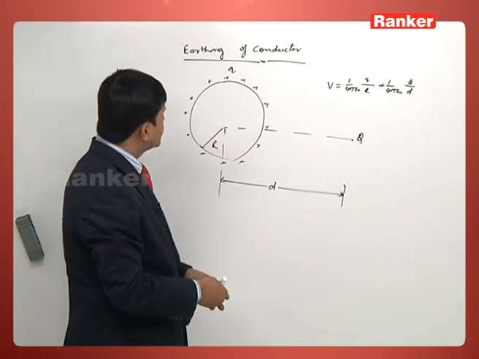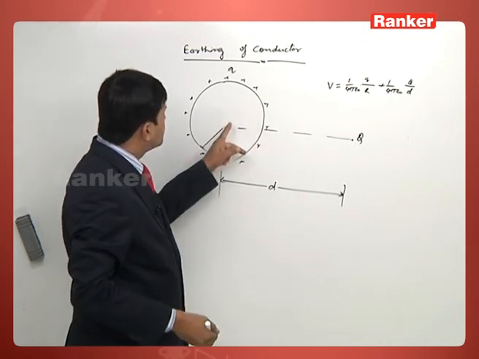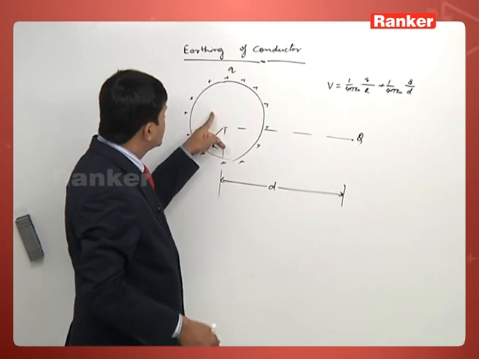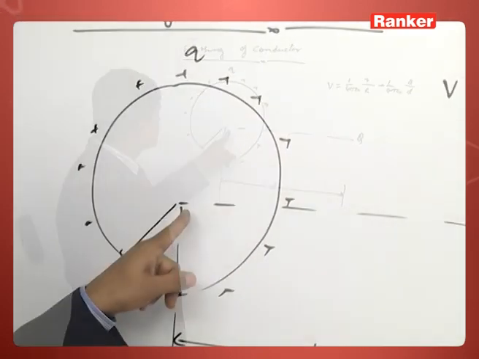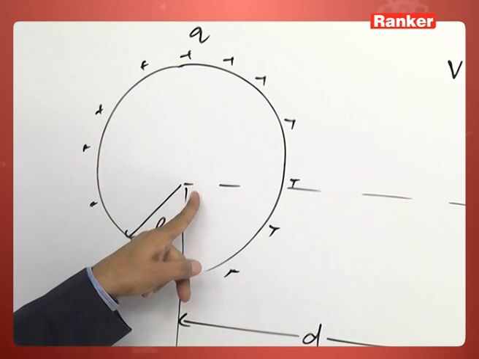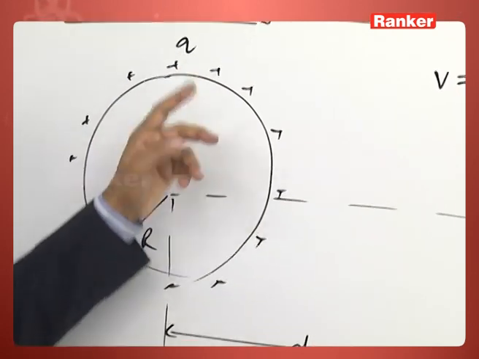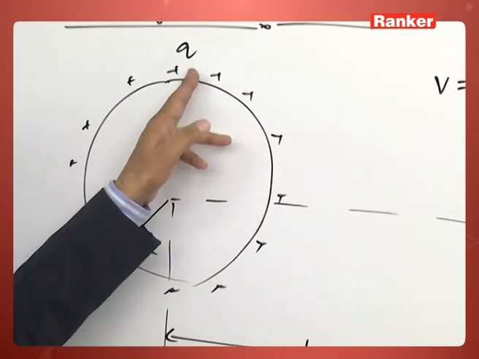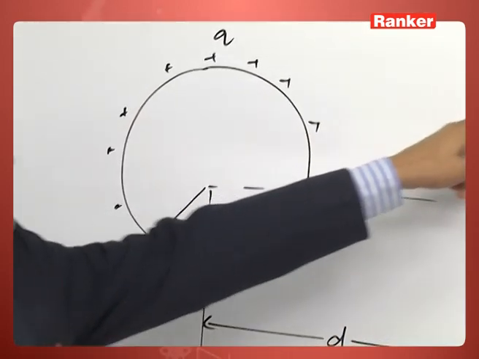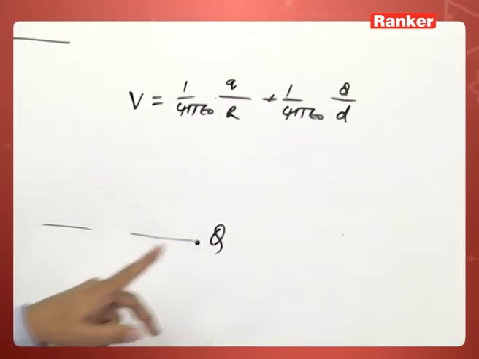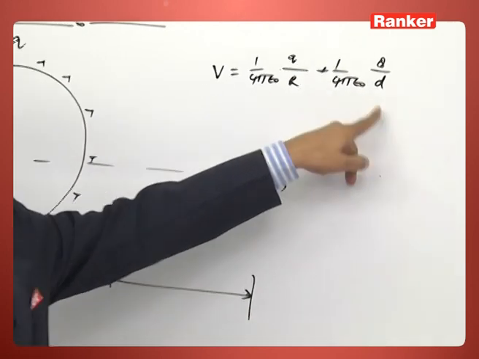Whatever potential is on the surface, the same potential is everywhere inside. So I found the potential at the center. By the principle of superposition, due to this charge it will be q by R, and due to this charge, the distance is D, so it is given like this.